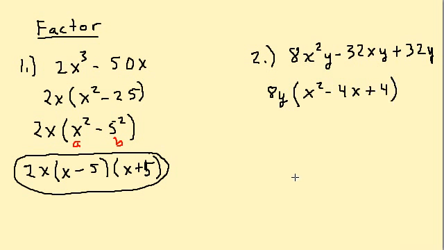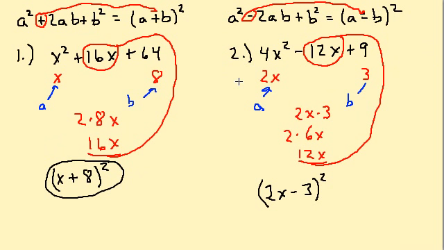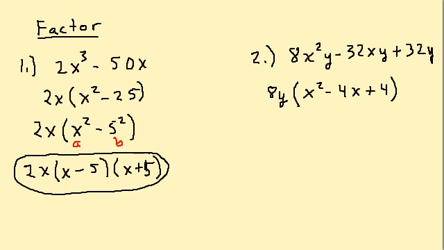Okay. Now, I wonder if I can factor this x squared minus 4x plus 4. Well, let's check it like we did in these two problems and see if it's a perfect square trinomial. Well, the square root of x squared is x.